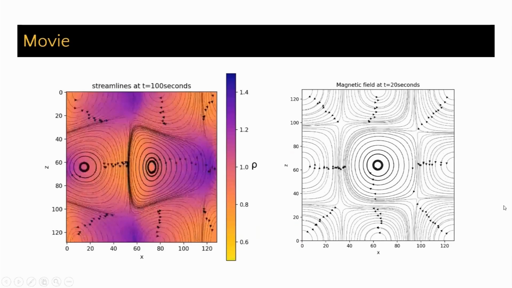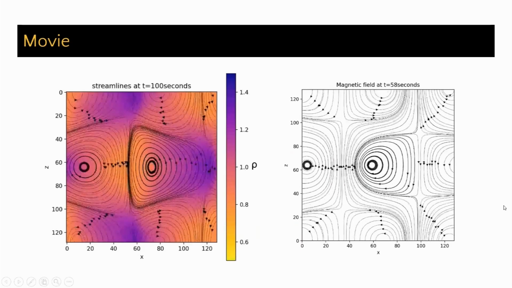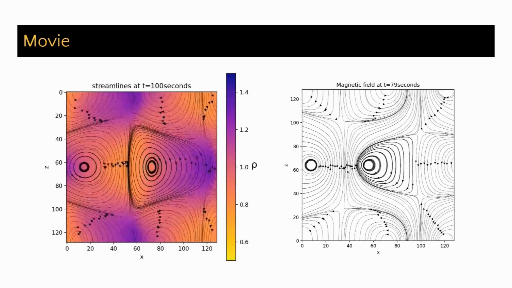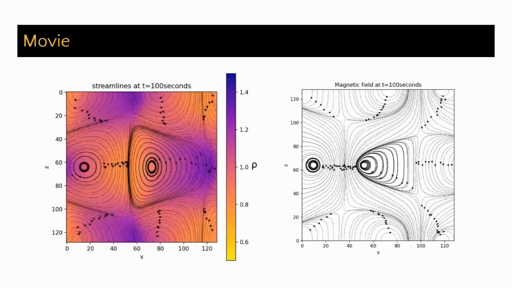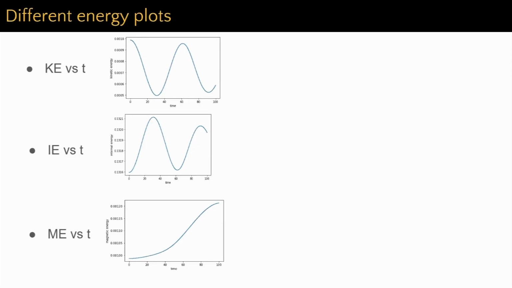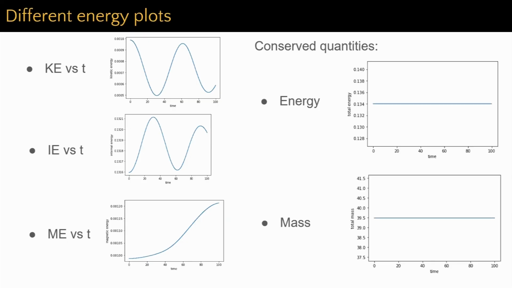And this video shows the streamlines for the magnetic field. We computed the kinetic energy, internal energy, and magnetic energy for all time steps. When we added them up, the total energy was conserved, as you can see, and the total mass was also conserved.